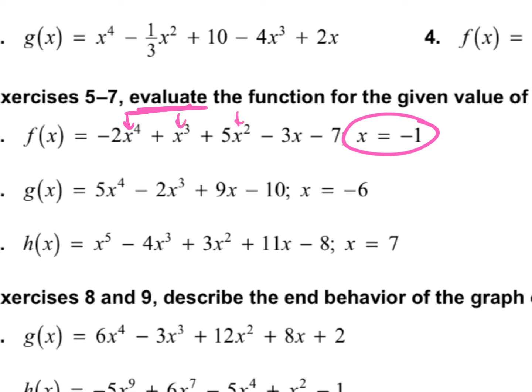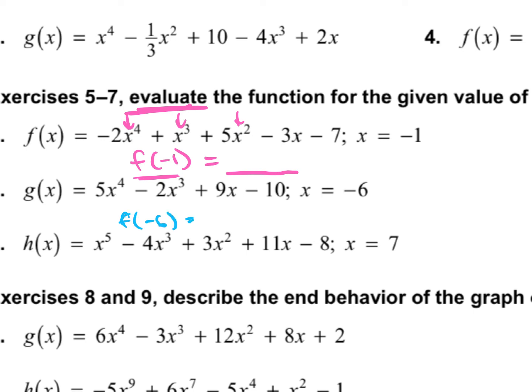How would I write my answer? Your answer is going to be a number, but how do I write it? So we plugged in -1 for x. So I would say f of -1 is equal to whatever your answer is. Don't forget this f of -1. For the second one, we would say f of -6 because that was our x that we plugged in.